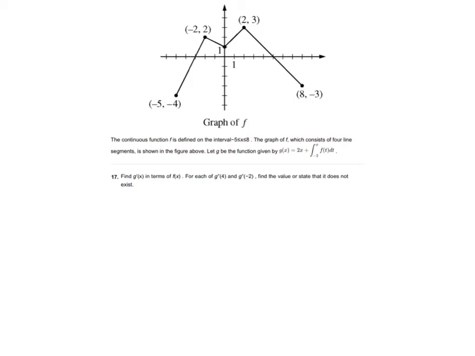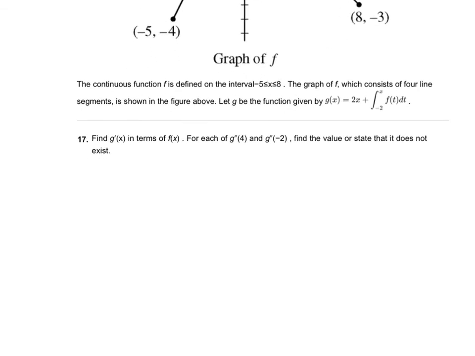Okay, this one gives you a graph of f, and it says the continuous function f is defined on the interval from -5 to 8. The graph of f, which consists of 4 line segments, is shown in the figure above. Let g be the function given by that. The first part says find g prime in terms of f. So we're going to take the derivative of g.